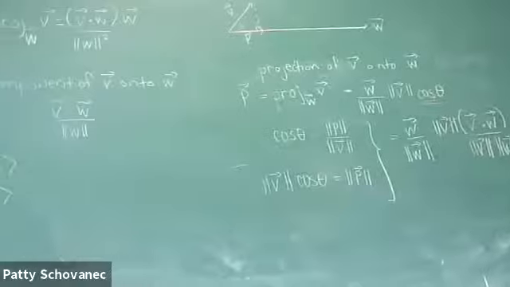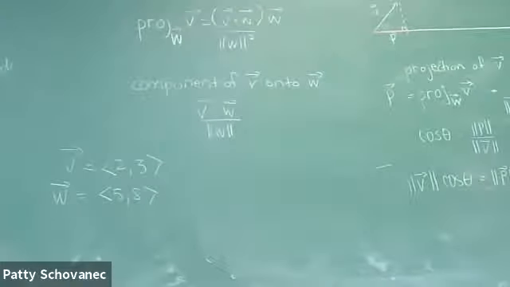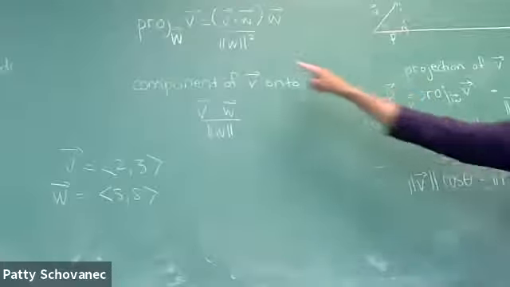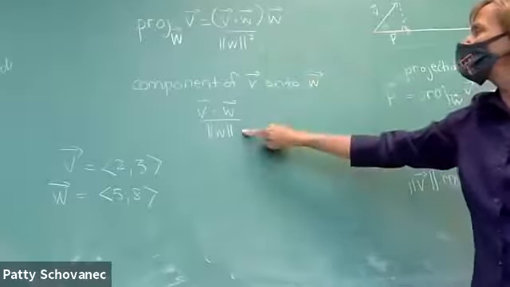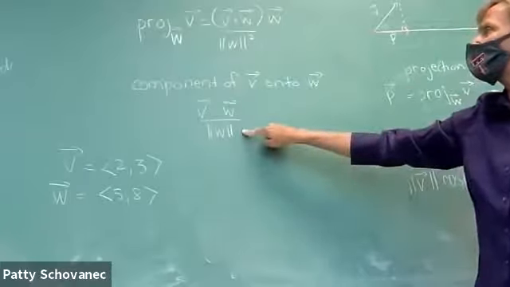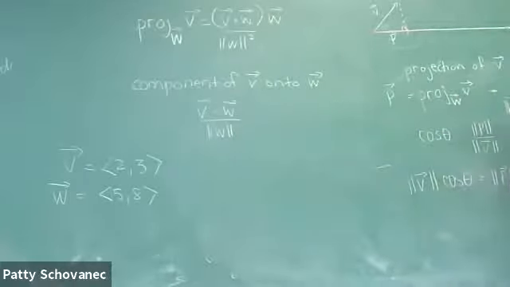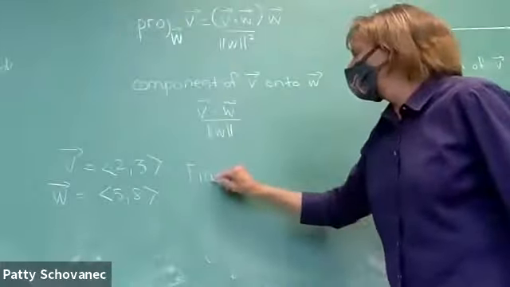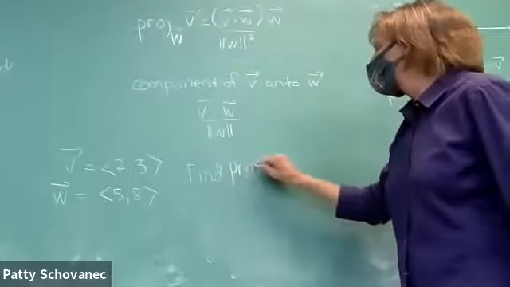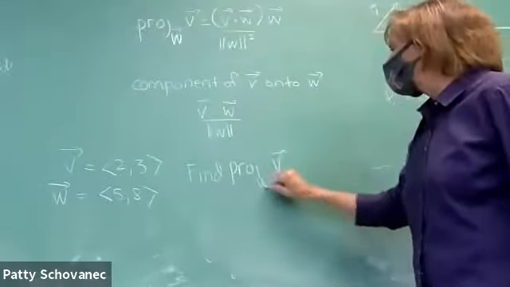There's our formula at the top. And if you put one of these with W, you got a unit vector in the same direction of W. Everything else that's left is called the component of V onto W. So given those two vectors, find the projection of vector V onto vector W.